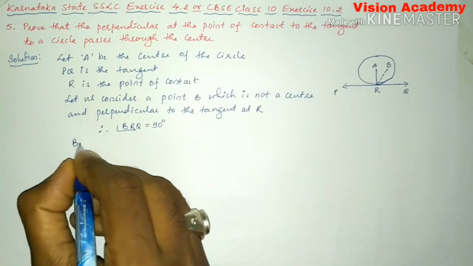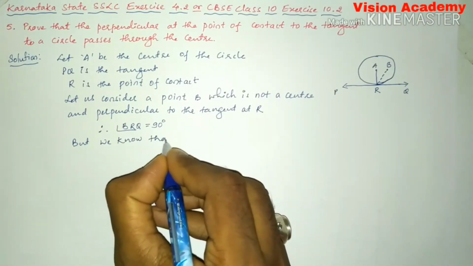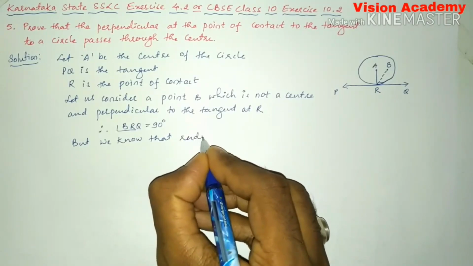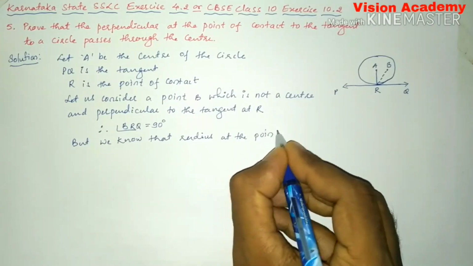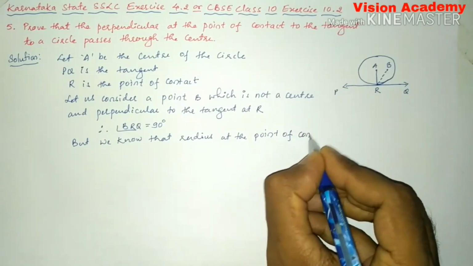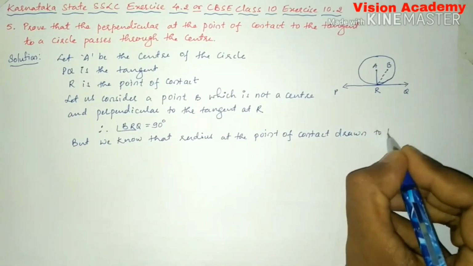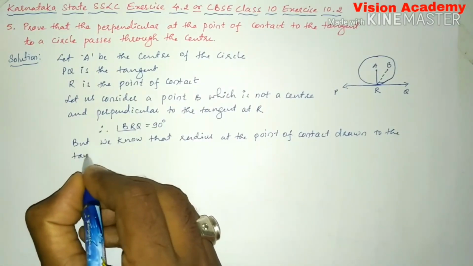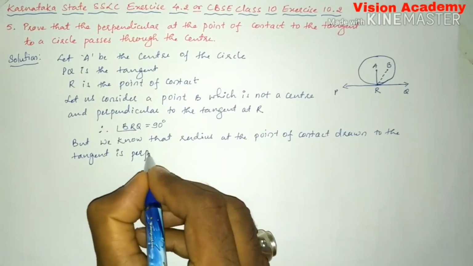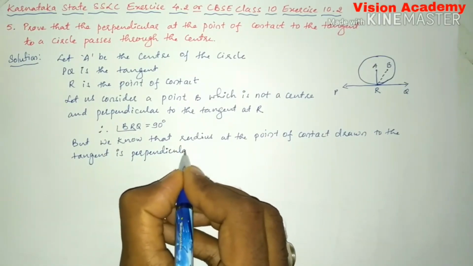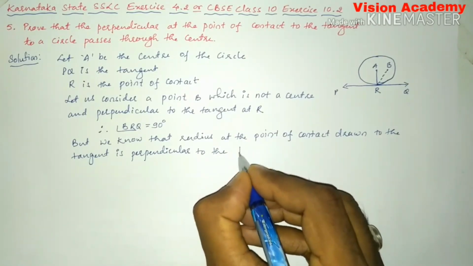But we know that the radius at the point of contact drawn to the tangent is perpendicular to the tangent.